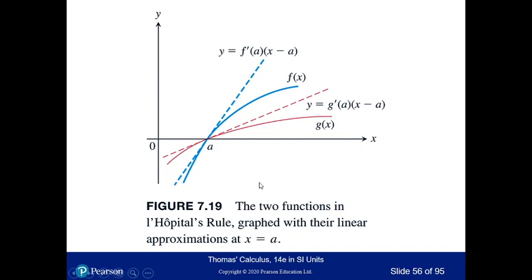Okay, actually this graph helps you to understand L'Hopital's rule better. What it's saying is this makes good sense of L'Hopital's rule. Why are we doing this? The limit as x approaches a of f of x over g of x is equal to the limit as x goes to a of f prime over g prime.